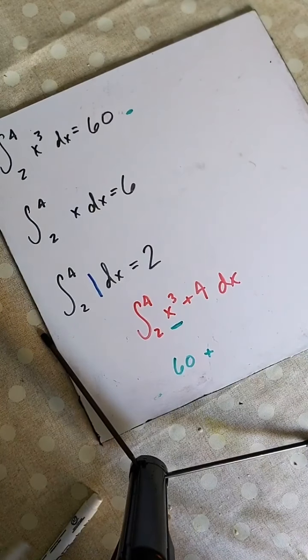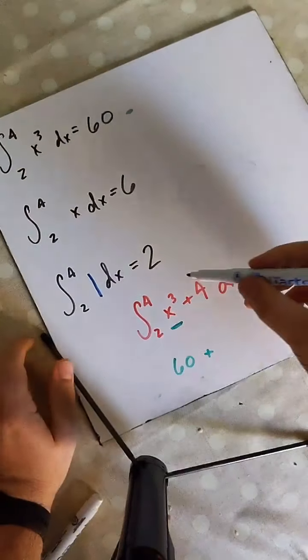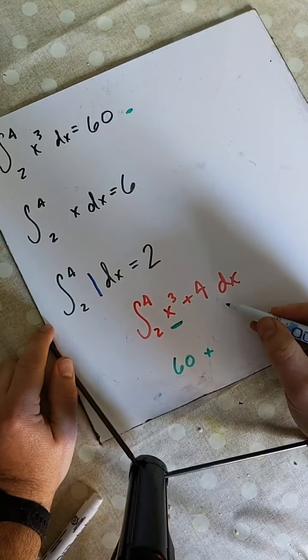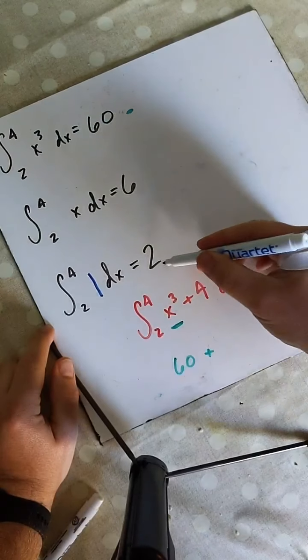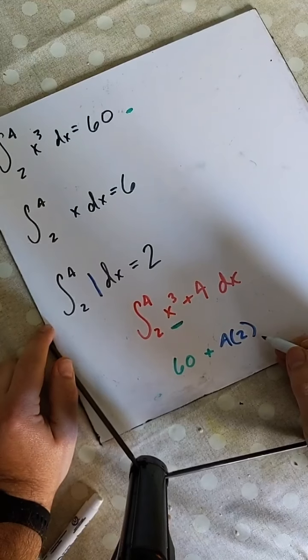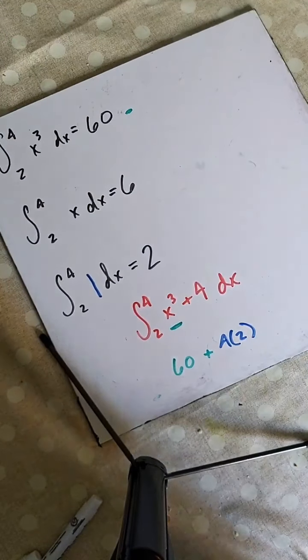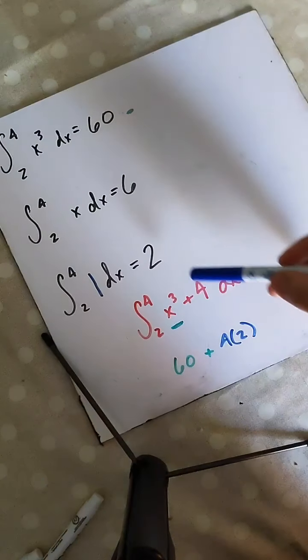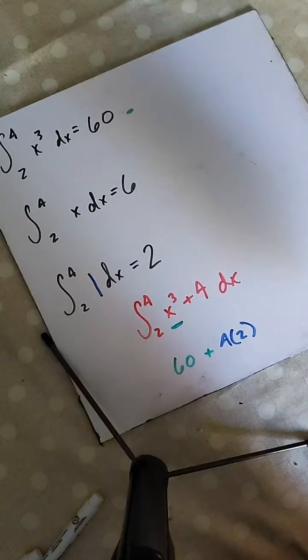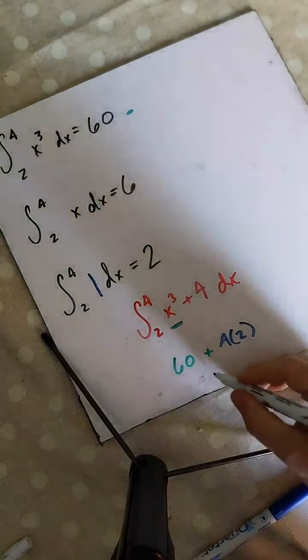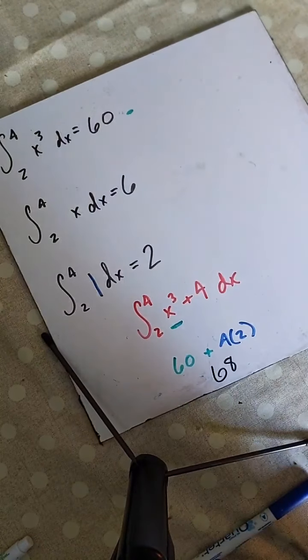The next part we have 4, which remember 4 is like a constant, like how 1 is a constant. But since it's 4, not 1, we're going to have to take our answer of 2 and times it by 4. So we get 60 from the x cubed, and we get 4 times 2 from the 4. And so we're going to add those two answers together. So the answer there would be 68.